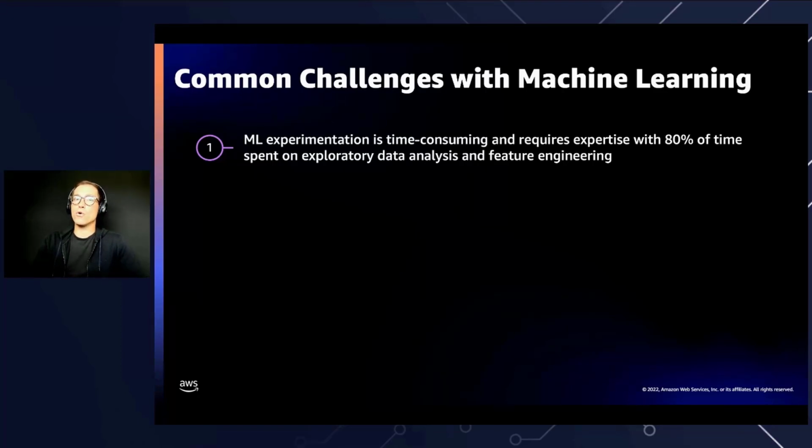They need to know how to deal with data, feature engineer, how to build models, how to train them, tune them, productionalize them. But they also say that 80% of that time is actually spent in consolidating data, in doing what we call exploratory data analysis, and then doing feature engineering on top of this data.